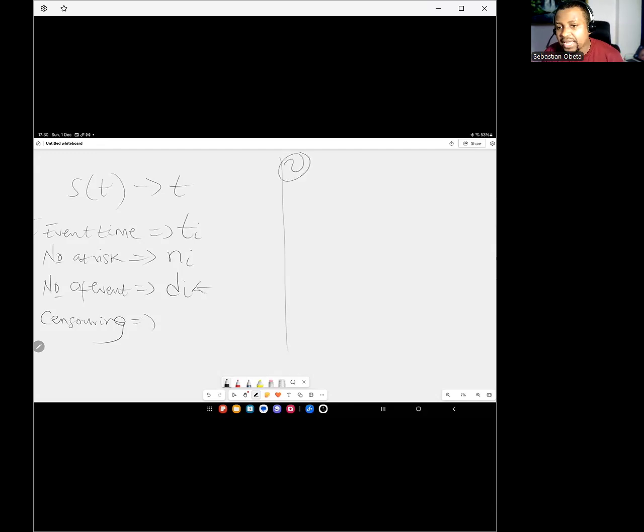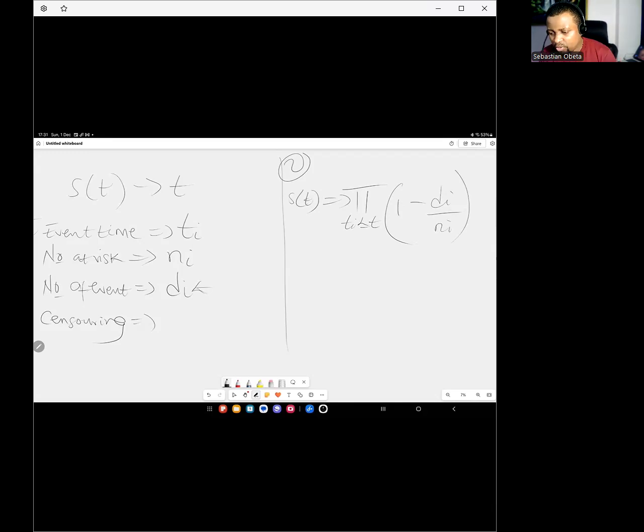For step 2, which is to look at the survival function, the KM estimator calculates the survival probability as the product of the survival probability over discrete time points where the event occurs, with a number at risk.